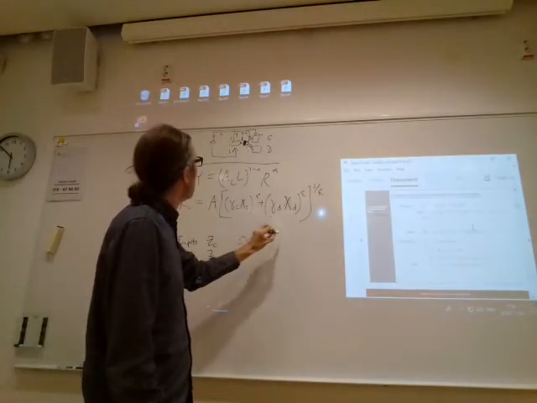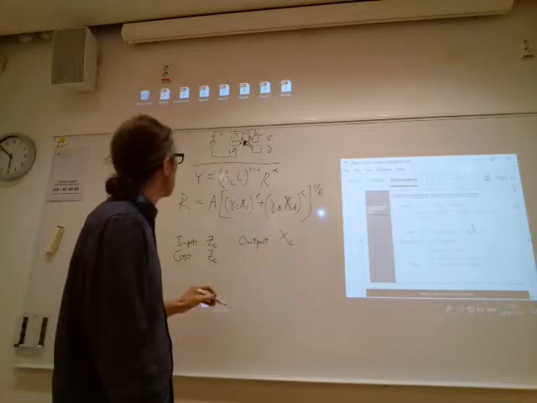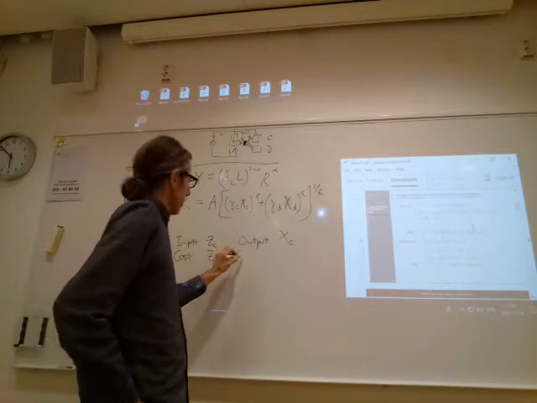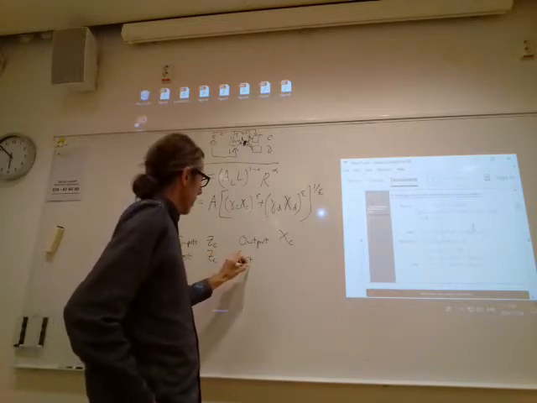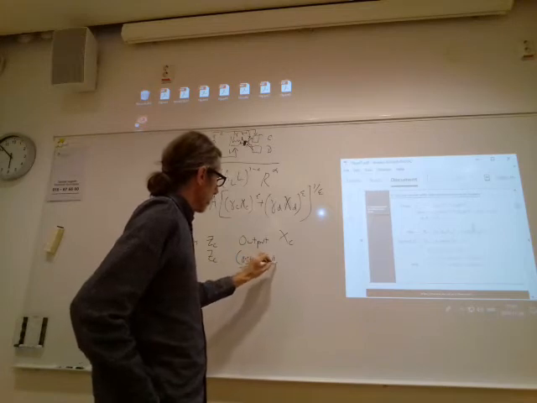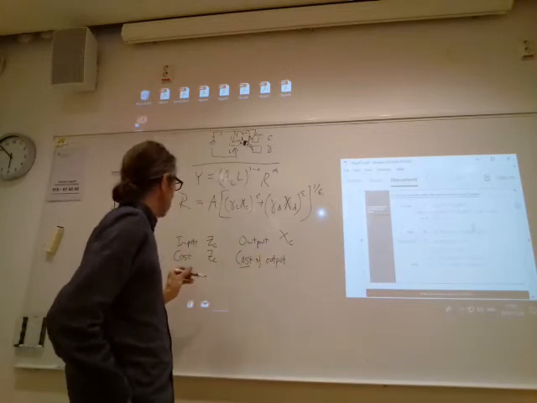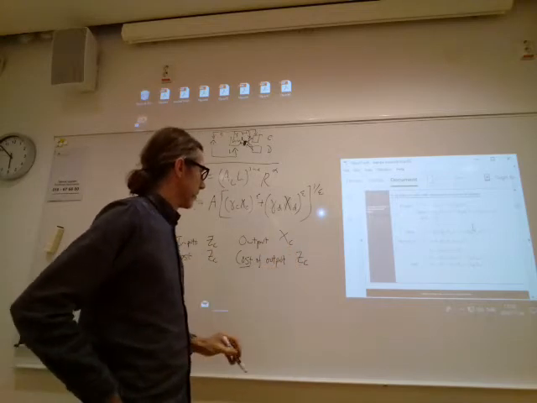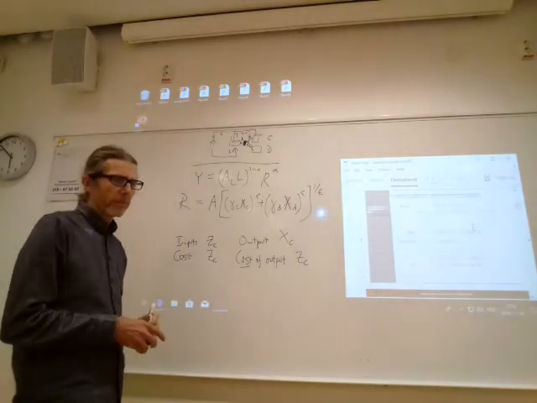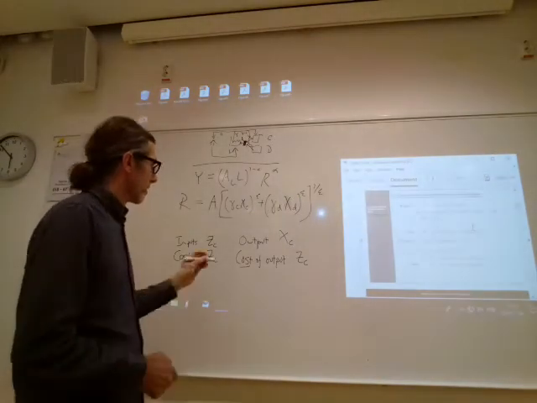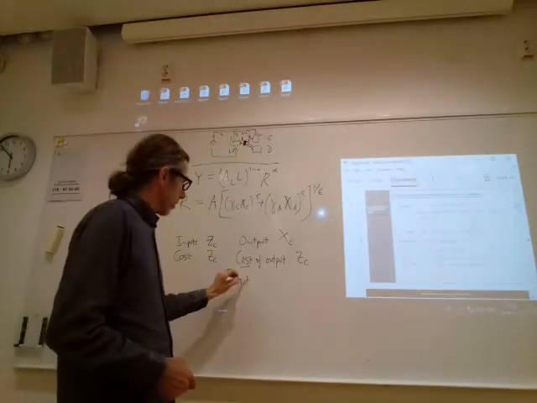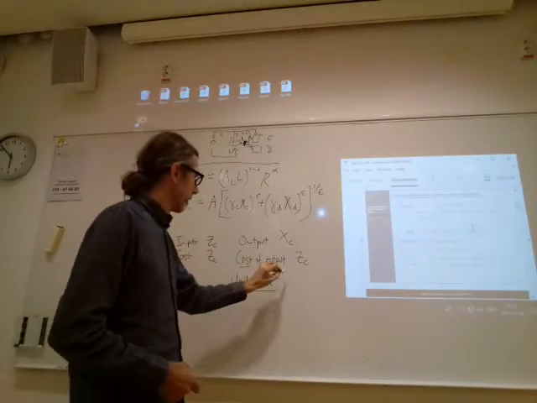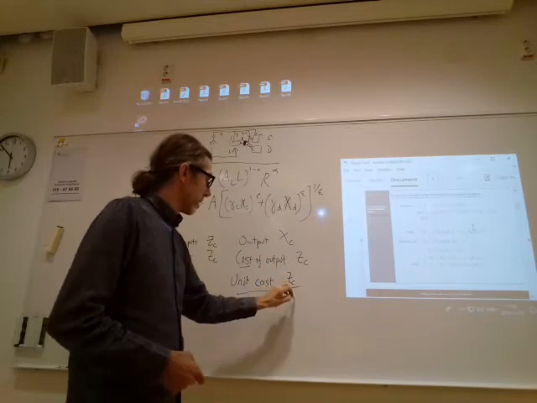Output X_C. Cost of output. Well, the total cost is also Z_C, isn't it? So the unit cost per unit of production is Z_C over X_C.